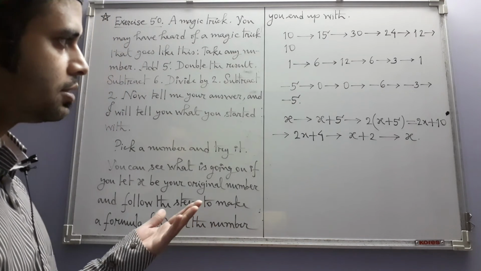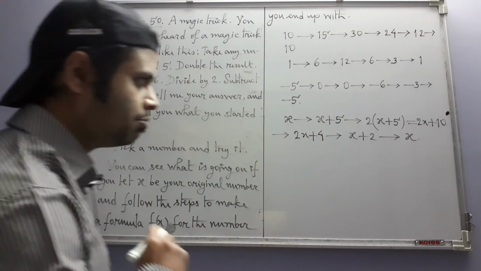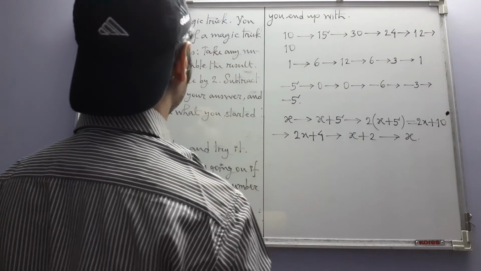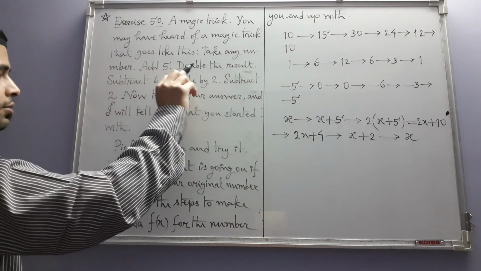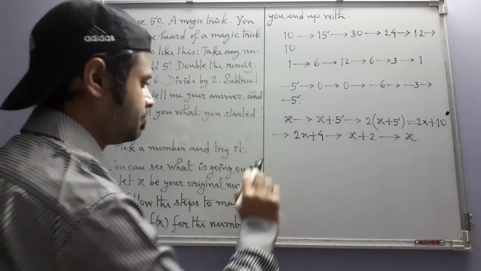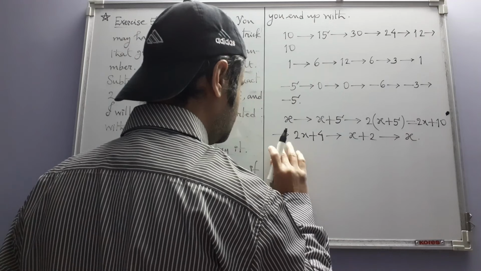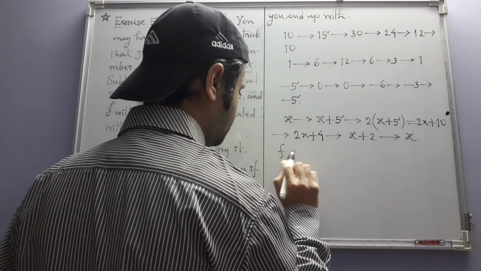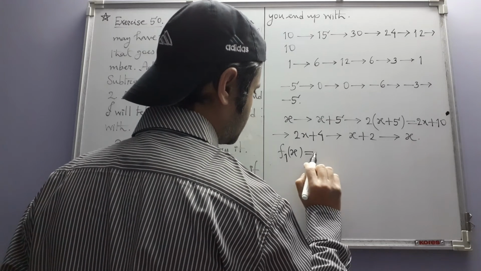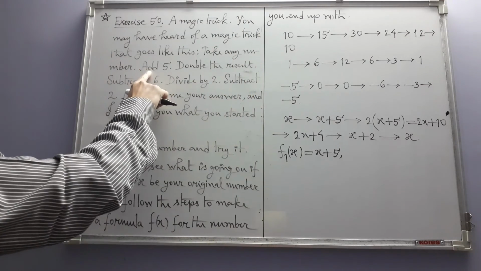That is because it is a composition of functions. We have a composition of many functions. You can in fact look at the steps. Each step is actually a function. You can think of the functions like this. Say f1 of x is x plus 5. Add 5.